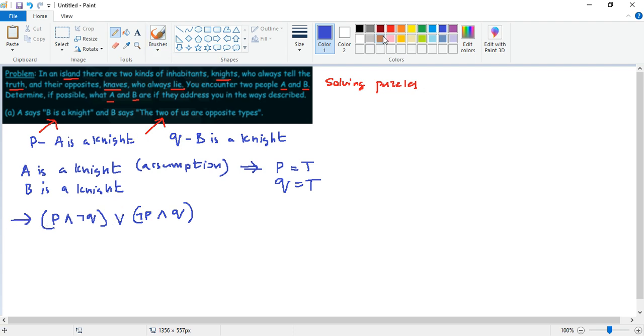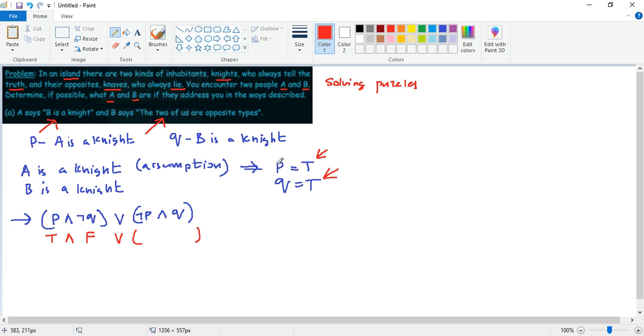So let's see, according to our assumption, what we get here. We already know that P is true and Q is true. So if P is true and not Q is false, this is false. Or, what is not P?